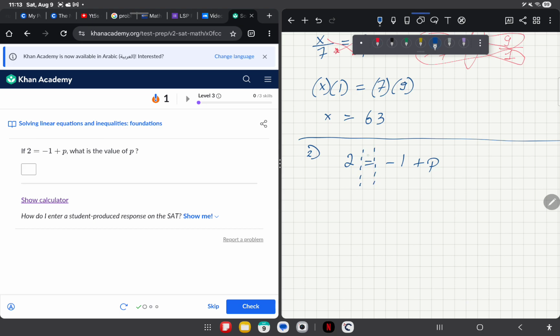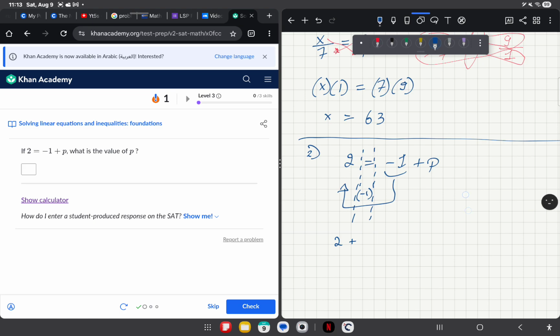Anything that wants to move from the left-hand side to the right-hand side is going to be multiplied with a -1. So if I want to move -1 to the left, it's going to have to pass through the border. So I'm going to have to multiply it. 2 plus -1, which is this one.